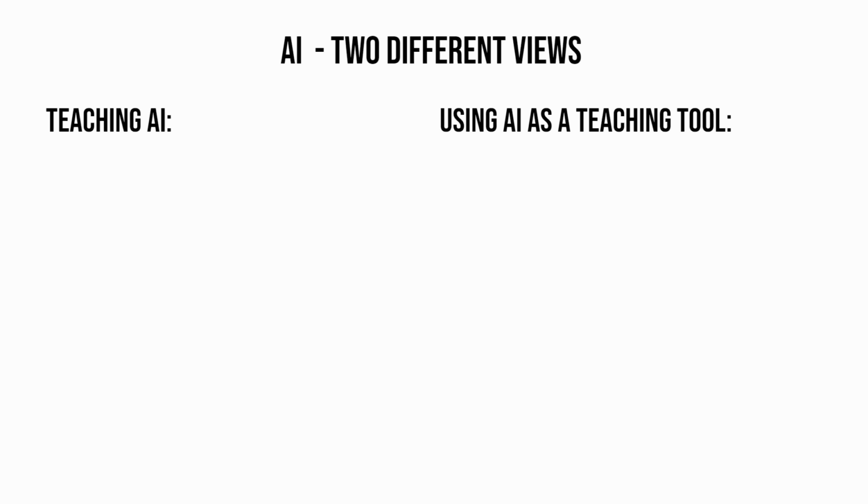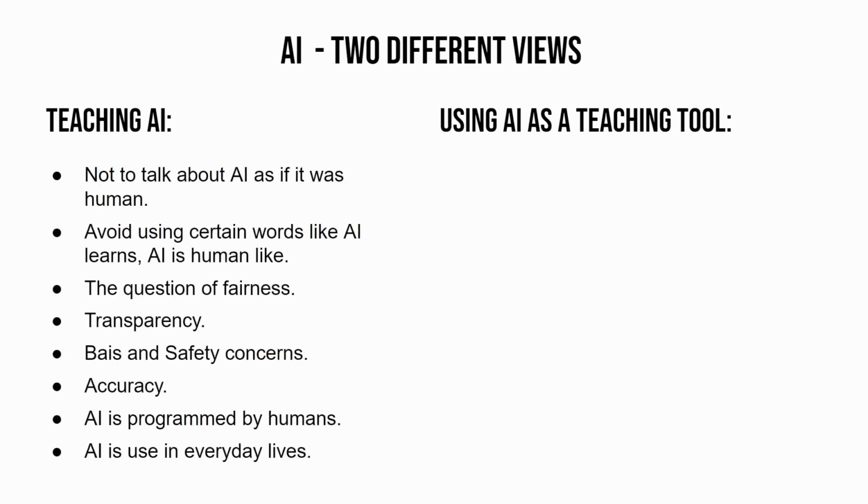So using AI as a teaching tool. The courses I've done have come out really clear on lots of things they want you to tell children or not tell children. You should not talk about AI as if it was human. It isn't human, and they've impressed that really, really badly. They want you to avoid using certain words like "AI learns" and "AI is human-like."